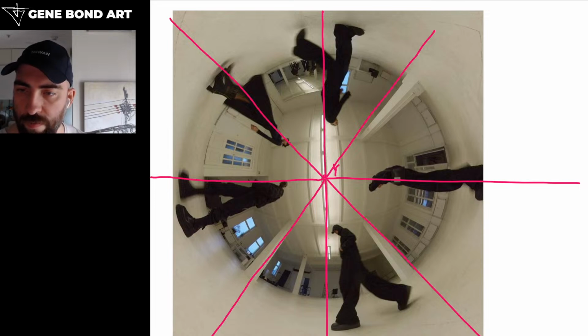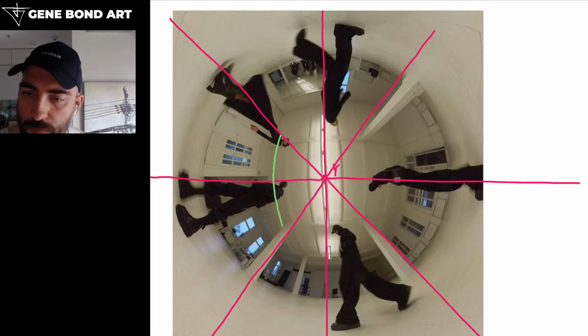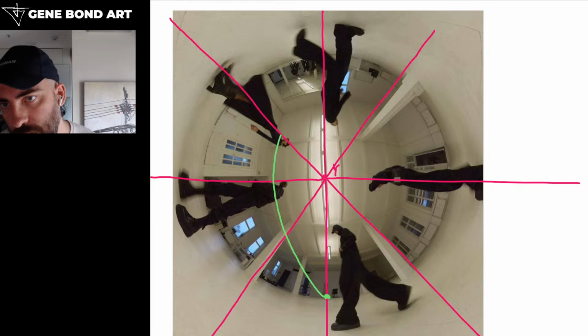Now let's see where the vanishing point is. So kind of here.